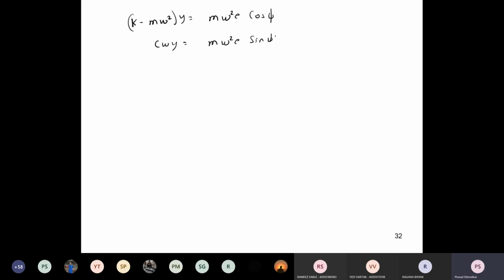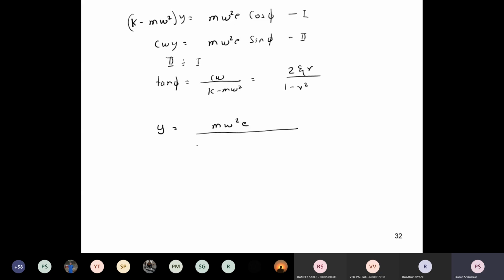So divide the second equation by the first. This is 1, this is 2. So 2 divided by 1 gives me the phase angle: tan phi is equal to c omega divided by k minus m omega square, and this is in the form of 2 zeta r divided by 1 minus r square. Squaring and adding these two terms, I get y is equal to m omega square e divided by square root of (k minus m omega square) whole square plus (c omega) square.